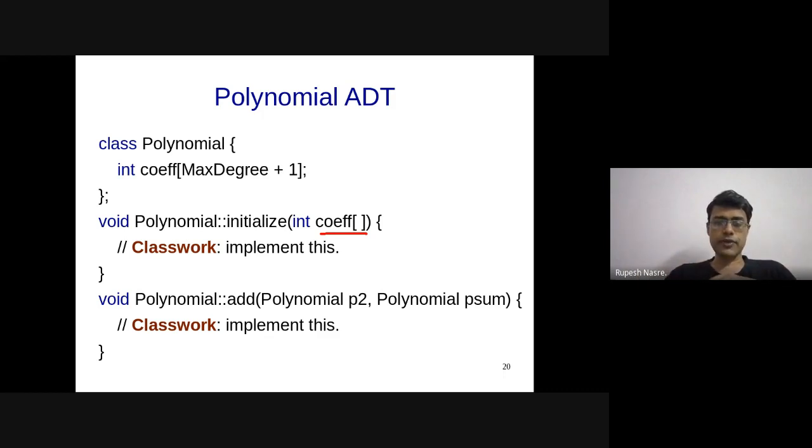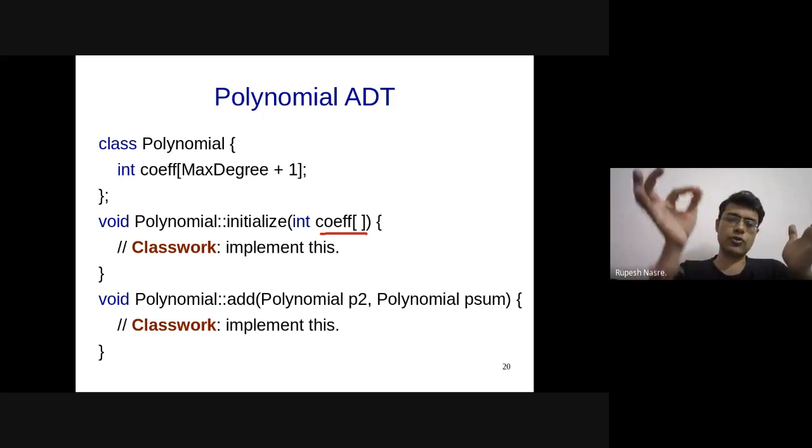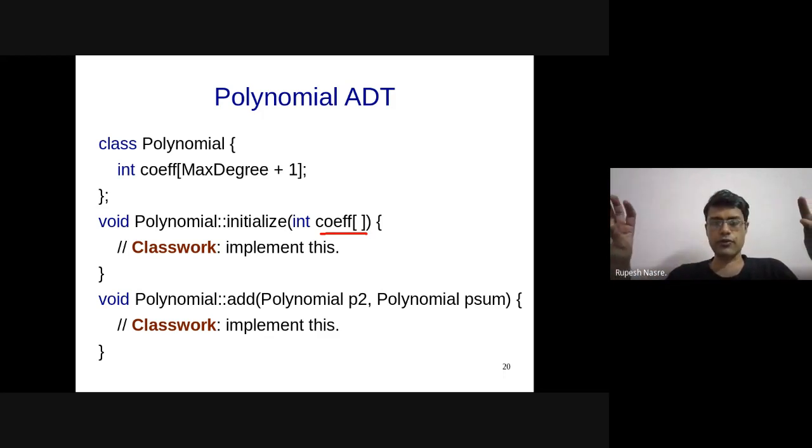Now, this becomes very easy when we are implementing it using an array, because I precisely know what are the coefficients and what index they are in. So you have two arrays, essentially coefficient arrays. So in this case, note that polynomial P1 and polynomial P2 are being added, and the result is going to get stored in another polynomial P sum.